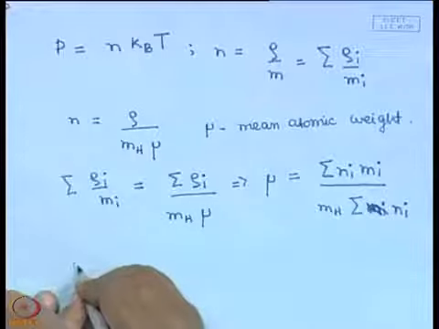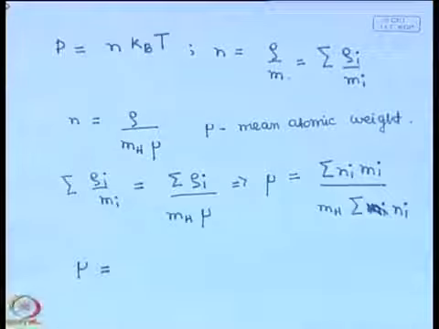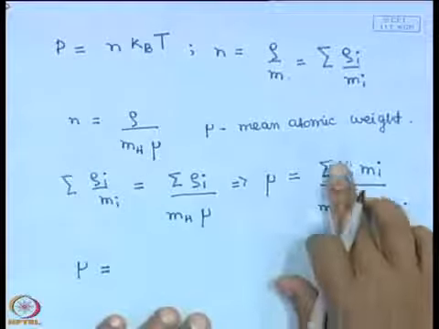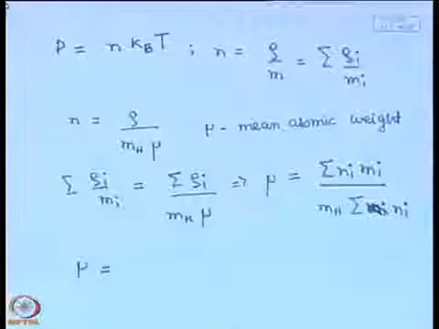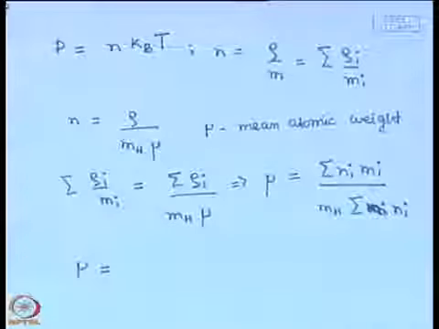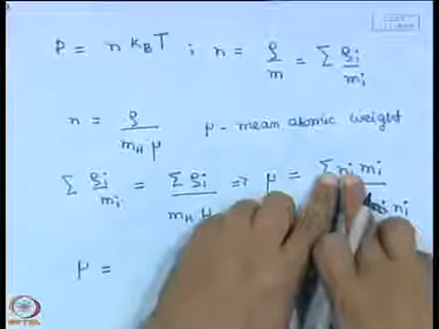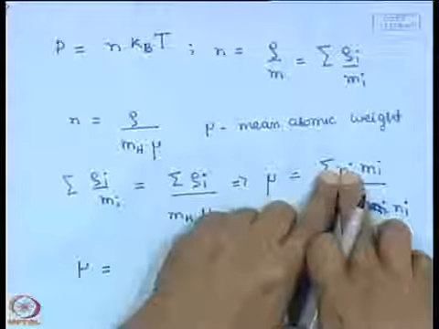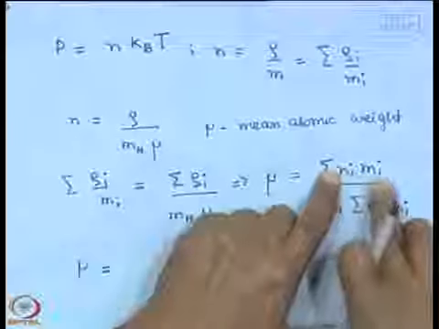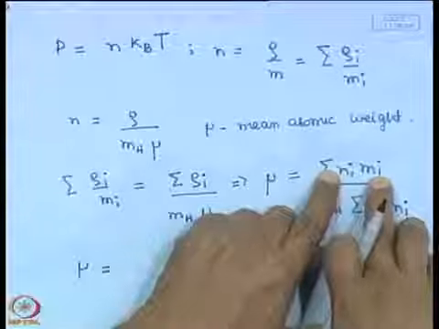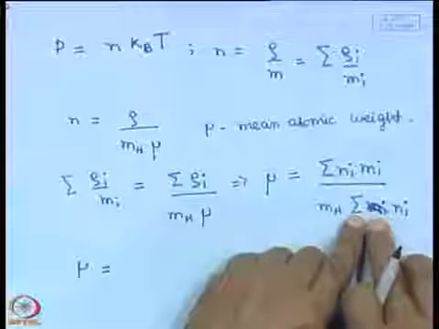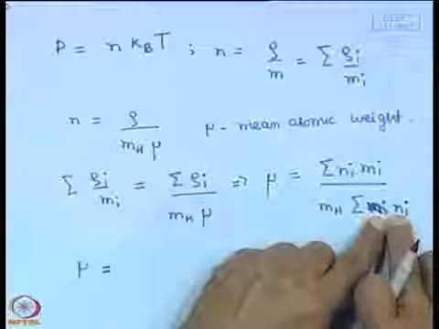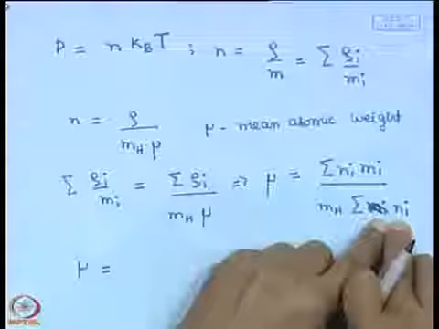So from here we can say that mu, in the numerator we have the contribution only from the protons, because the mass of the electrons is negligible. In the denominator we have the contribution from both the protons and the electrons.